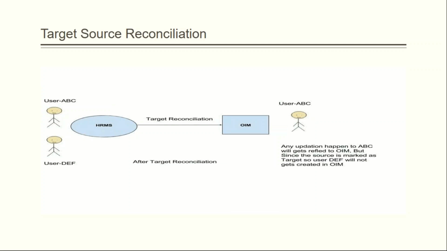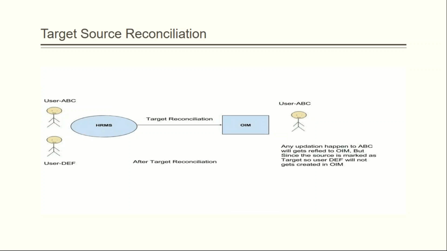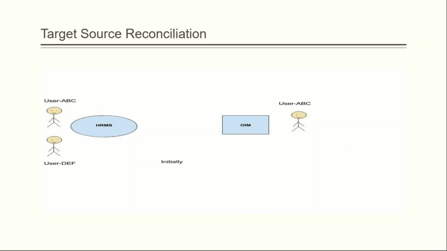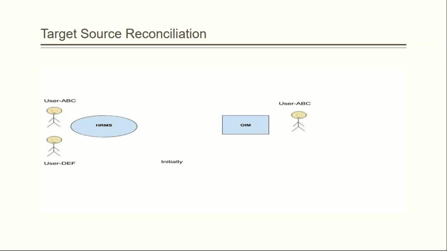Can we make it a target also? No, for a particular application, we have to decide whether that application is trusted or target. We cannot make the same application act as trusted and as target. However, you can have multiple trusted and multiple target applications.